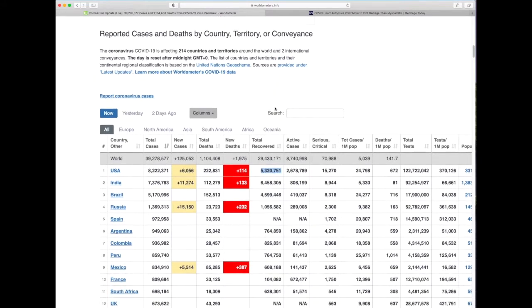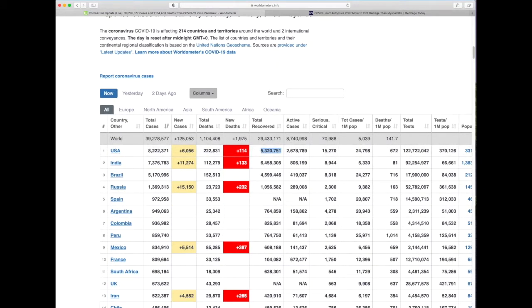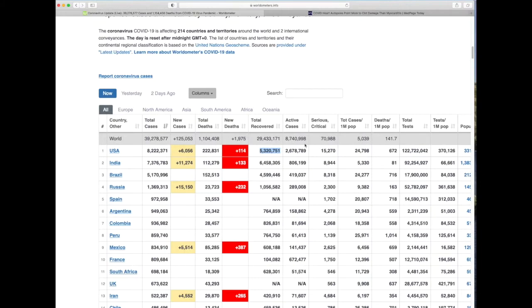So there's the USA. Okay, now some people say, you have a 1 in a million chance of catching it. Really? Because here's a number that says total cases per million people in the population. Out of 1 million people, 25,000 people have caught it. And out of 1 million people, 672.